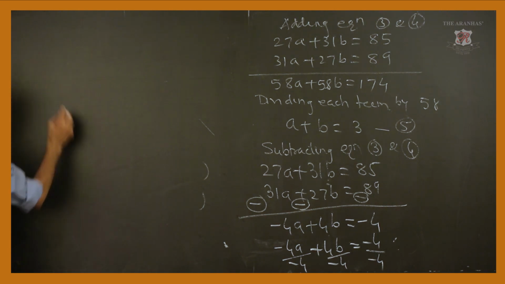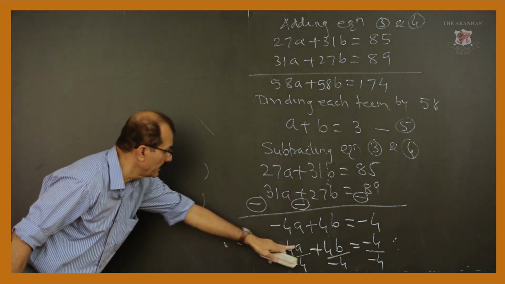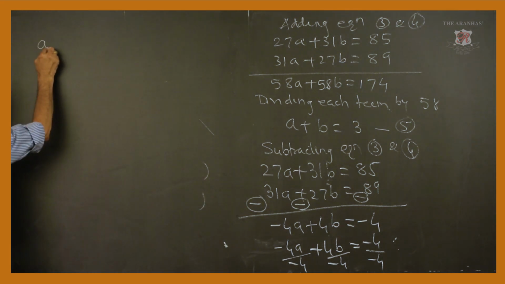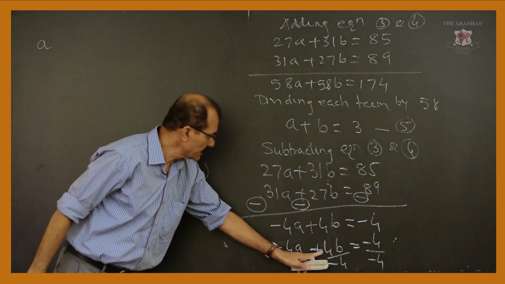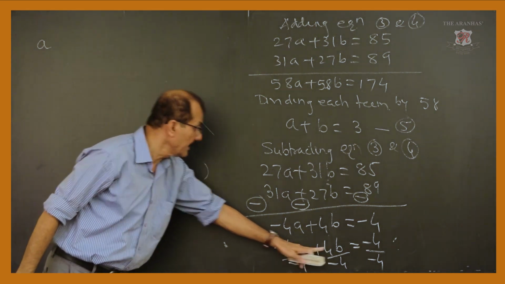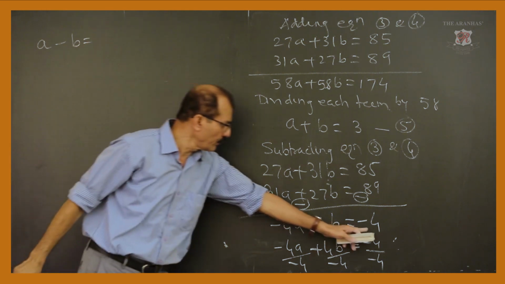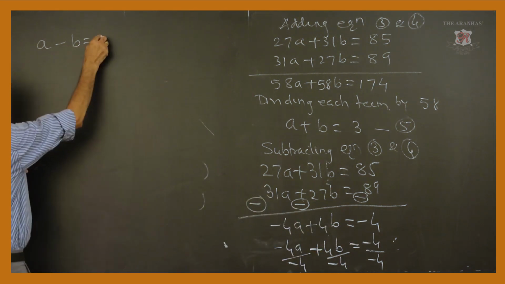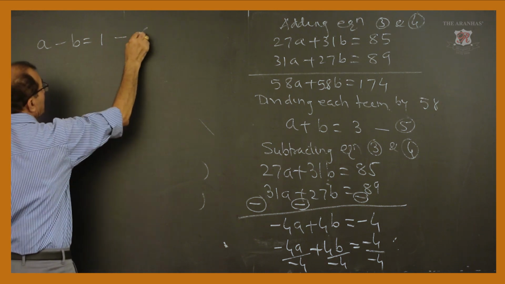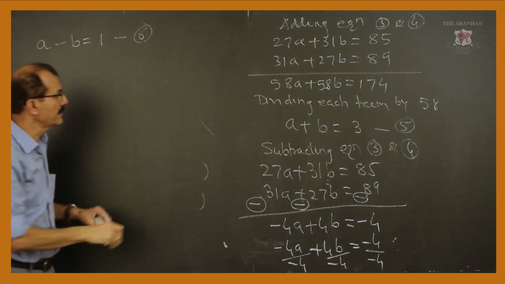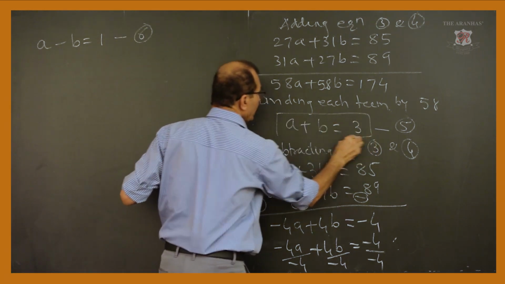So, I get here minus 4a upon minus 4 means I will get just a, plus 4 upon minus 4 means I will get minus b, and minus 4 upon minus 4 means I will get 1. So this is my equation number 6. See how simple these equations are now.